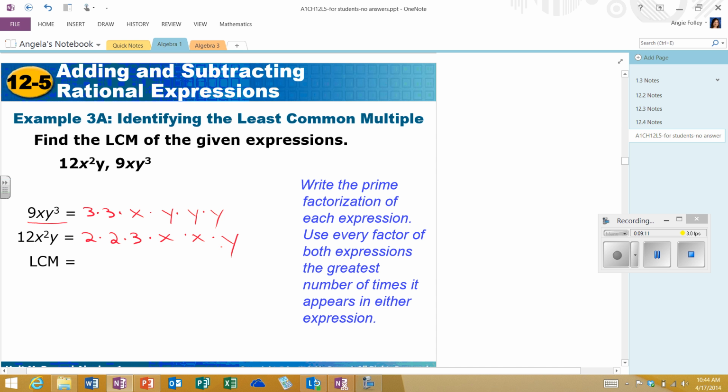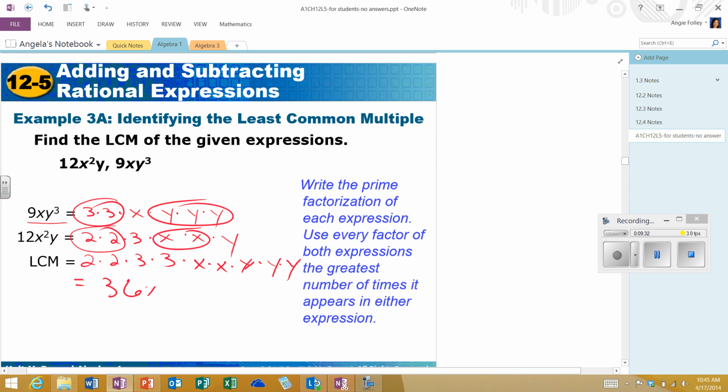Now, what do I need to use? Well, I need to use these 2's, and I need to use at least 2 3's. So 2, 2, 3, and 3. I need to use at least 2 x's and at least 3 y's. So my least common multiple is 36x squared y cubed.